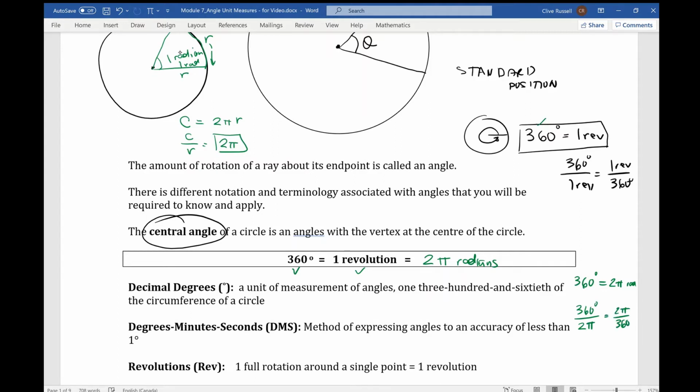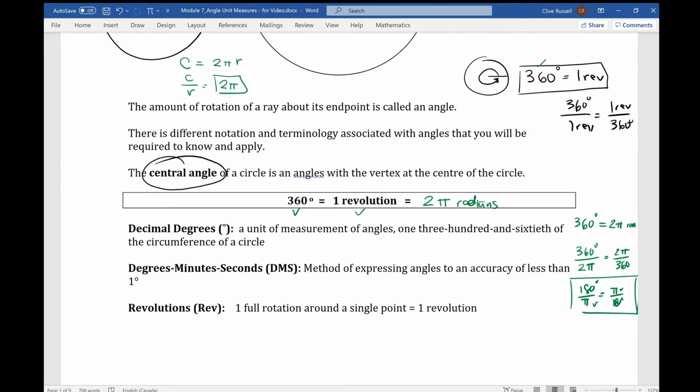But of course we could reduce these to 180 over pi, which is the same as pi over 180, that's degrees, that's radians. And we'll be using this later on to do some conversions, right?